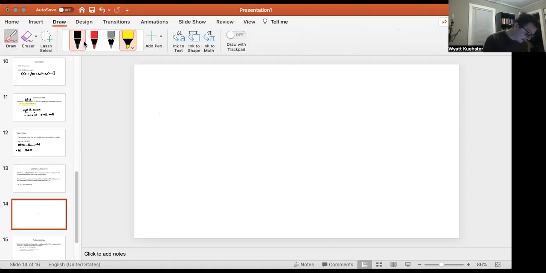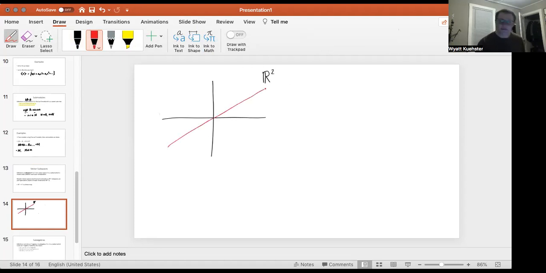The only one I can draw is in 2 dimensions. So here's a vector space, R2, the real plane. Any line through the origin is a subspace. So this is a subspace.